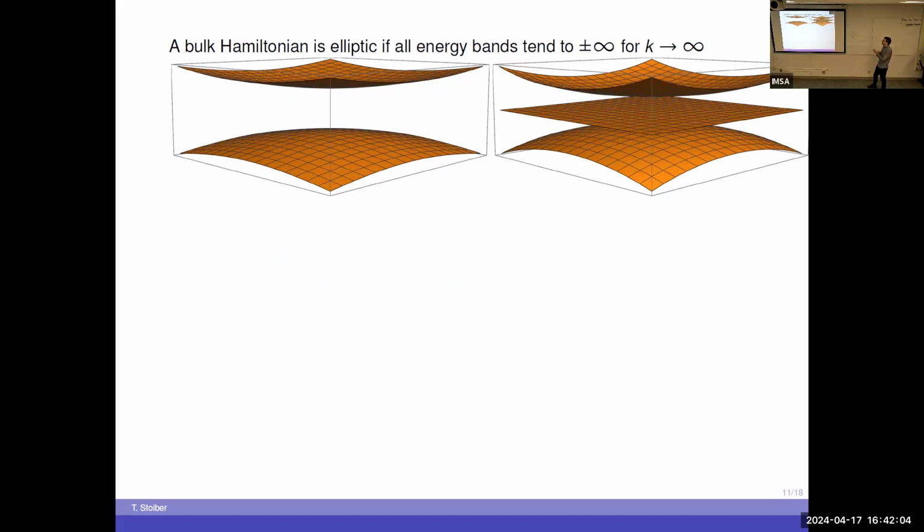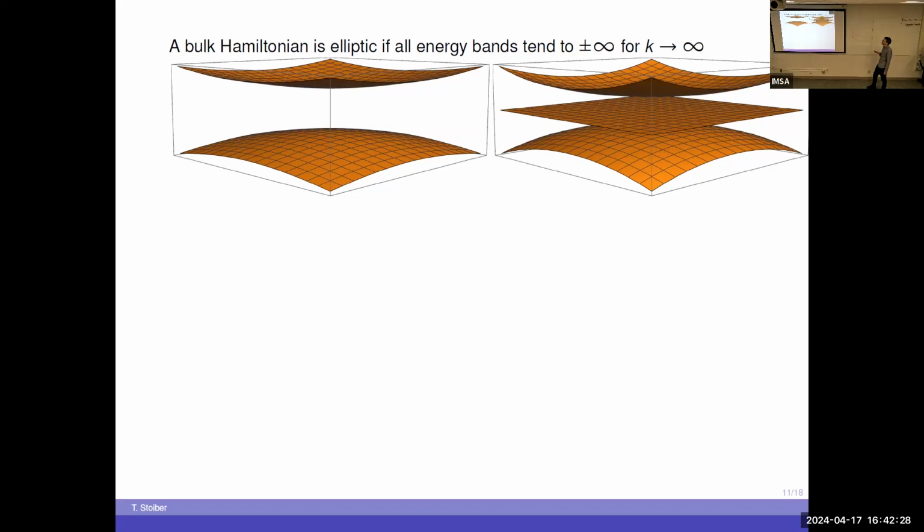So first, let's just talk about elliptic differential operators. Let's say a bulk Hamiltonian is elliptic if all the energy bands eventually tend to plus or minus infinity if we let momentum go to infinity. I mean, this is what we expect to see anyhow. But these metamaterial kind of Hamiltonians can sometimes have a flat band.